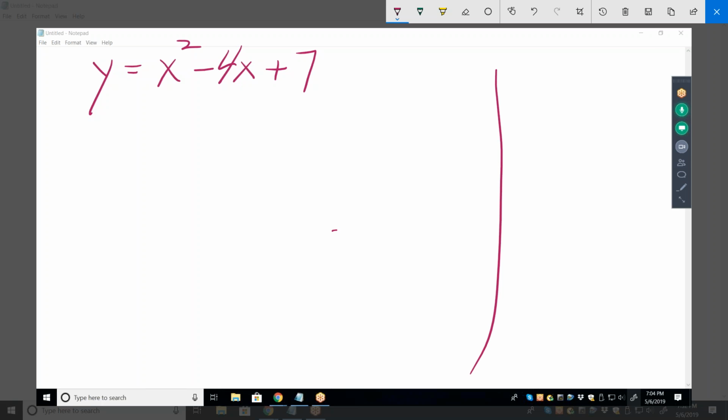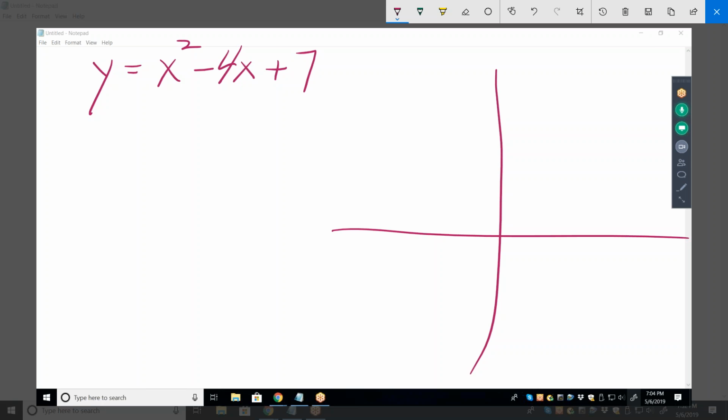Well, there are several techniques that you can use to graph a quadratic. The first one I would think about would be to see if I can factor that. Because if I can factor it, I immediately put it into x minus p times x minus q, where p and q are the x-intercepts.